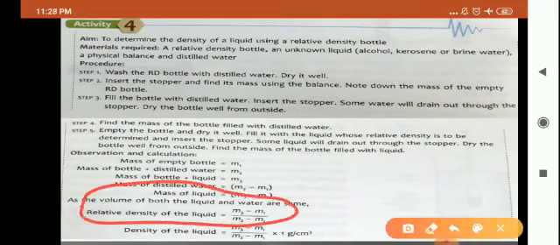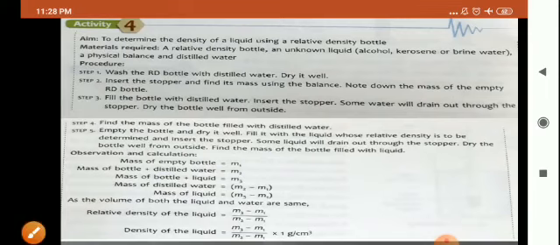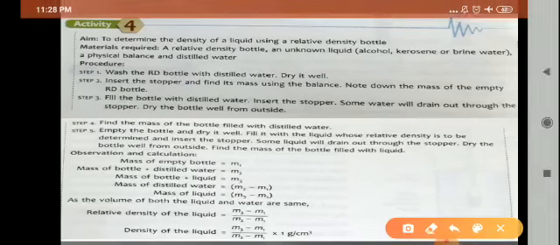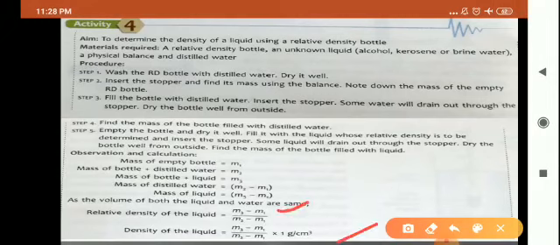Now suppose you want to get back the actual value of the density, then what are you going to do? You are going to multiply the relative density value with 1 gram per cubic centimeter.